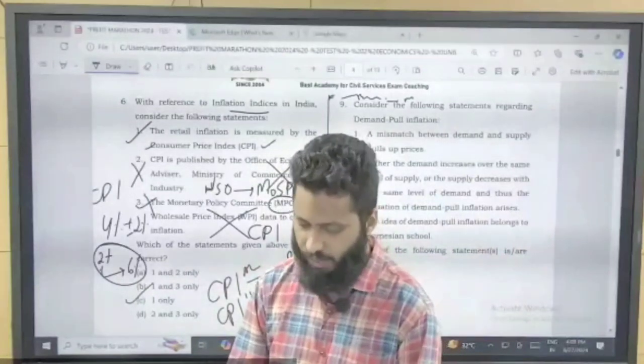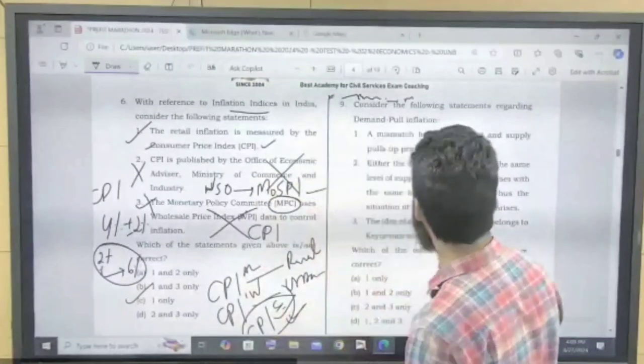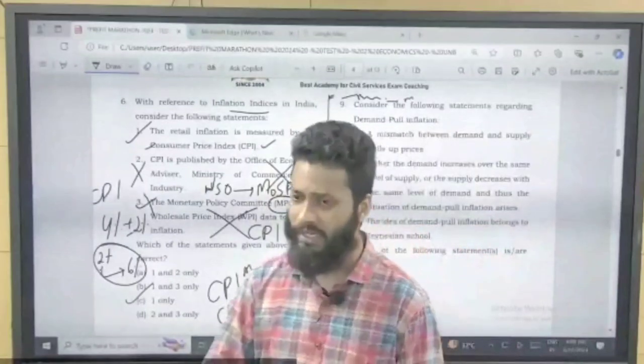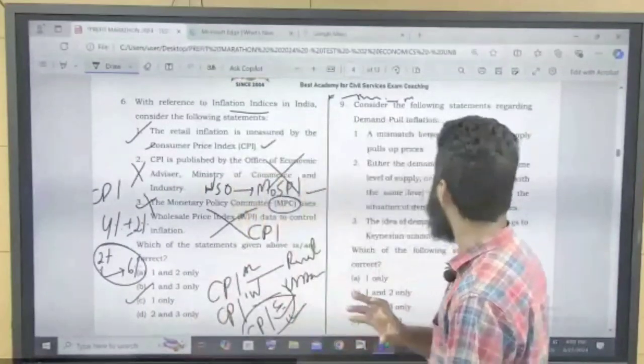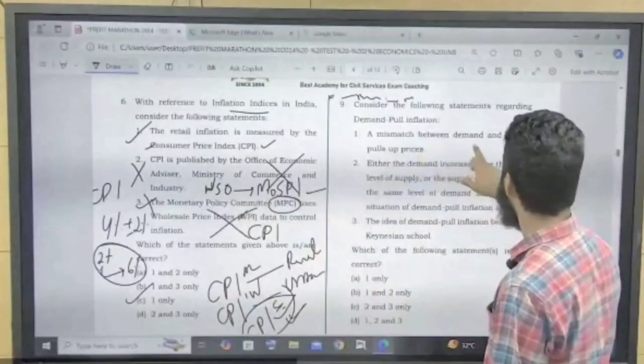So demand pull inflation happens due to an increase in aggregate demand. How is demand increasing? There can be a mismatch between demand and supply.